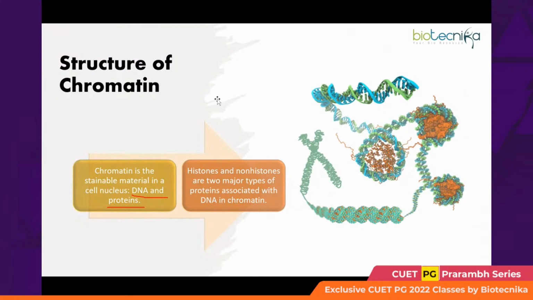All right, so Shivani, I was saying that chromatin is the stainable material in the cell nucleus. I hope all of you have seen the cell division slides in your graduation. You must have either prepared the slide on your own, or seen pre-prepared cell division slides. Yes or no?